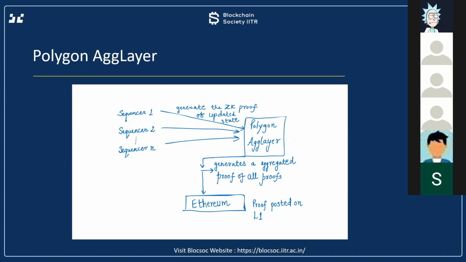With this, interoperability is achieved, and they don't have to give up sequencing control for their rollups. So this is very beneficial in its own way and a very innovative solution.